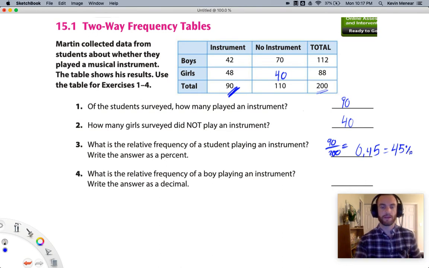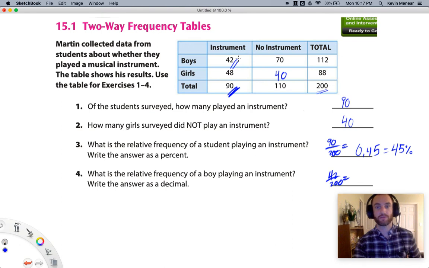What is the relative frequency of a boy playing an instrument? So a boy playing an instrument, that's this total right here, 42. So now we're doing 42 over 200. Just to be clear, this is not conditional relative frequency. They're not saying what's the frequency of someone playing an instrument given that they're a boy.